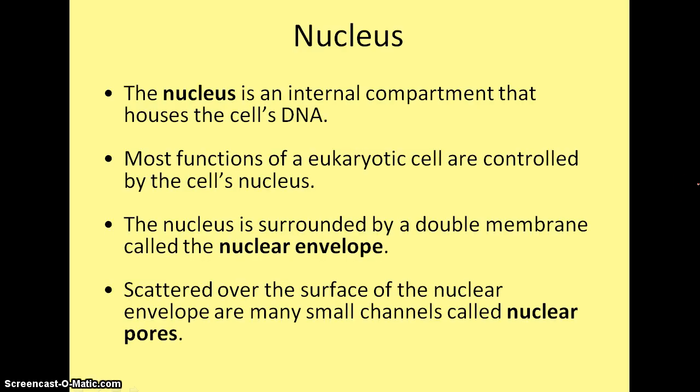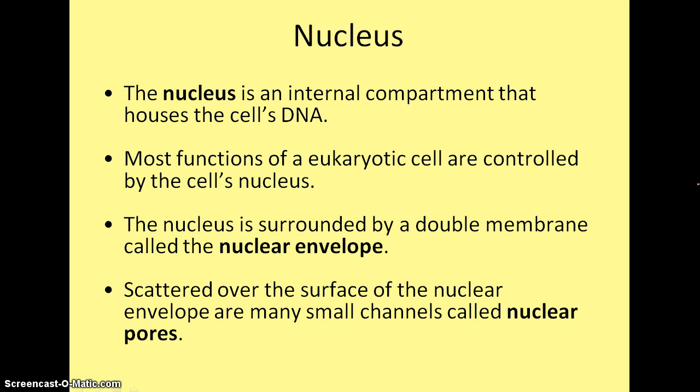Now, the first and arguably the most important one is the nucleus. The nucleus is a compartment within a cell that stores the DNA. DNA is short for deoxyribonucleic acid, which is a very long phrase, but it's one of the most essential things in any form of eukaryotic cell, primarily because the DNA is what controls protein expression and thus controls what exactly the cell can and cannot do, what structures it has, how it looks, things like that.